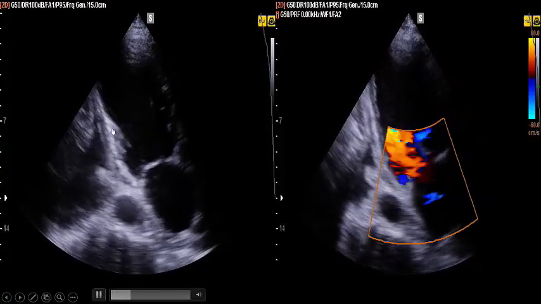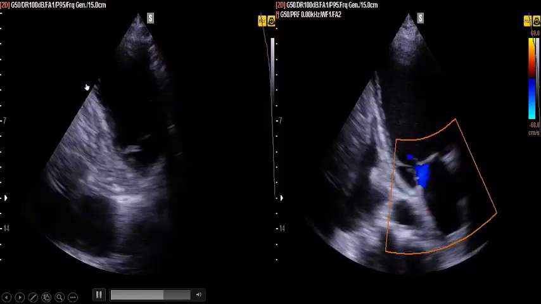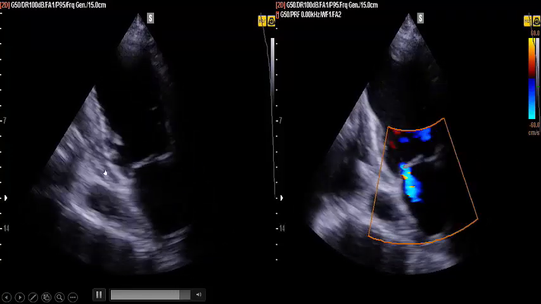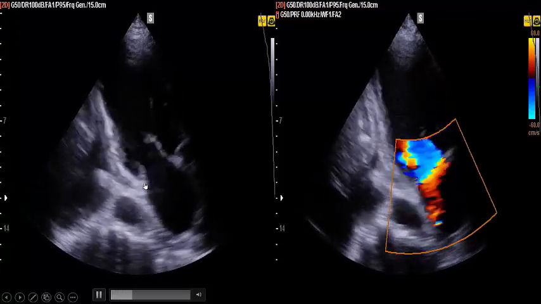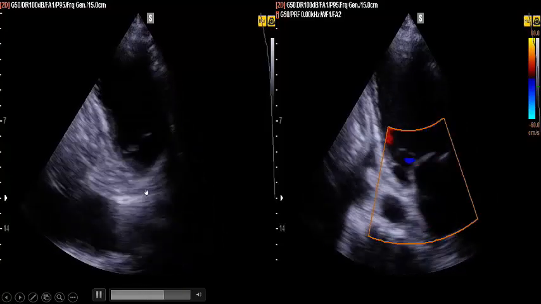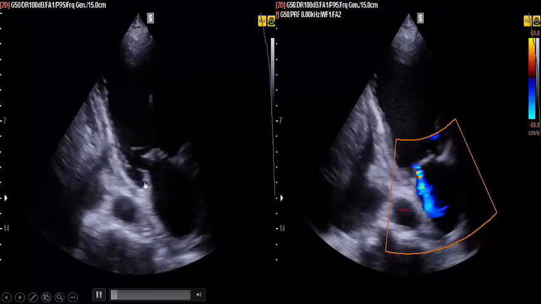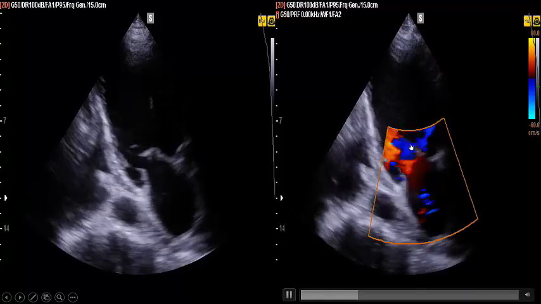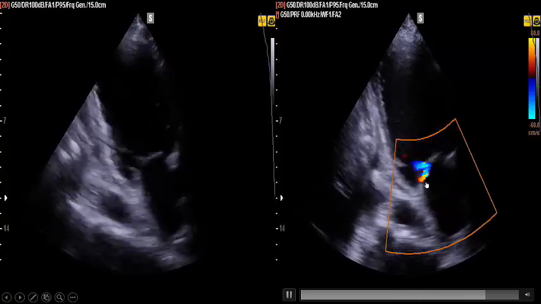You see the inferior wall is not thickened. There is almost akinesia of the inferior wall, severe hypokinesia, with tethering and no movement of the posterior mitral valve leaflet at all. This leads to a posteriorly directed jet, which is due to ischemic mitral regurgitation.